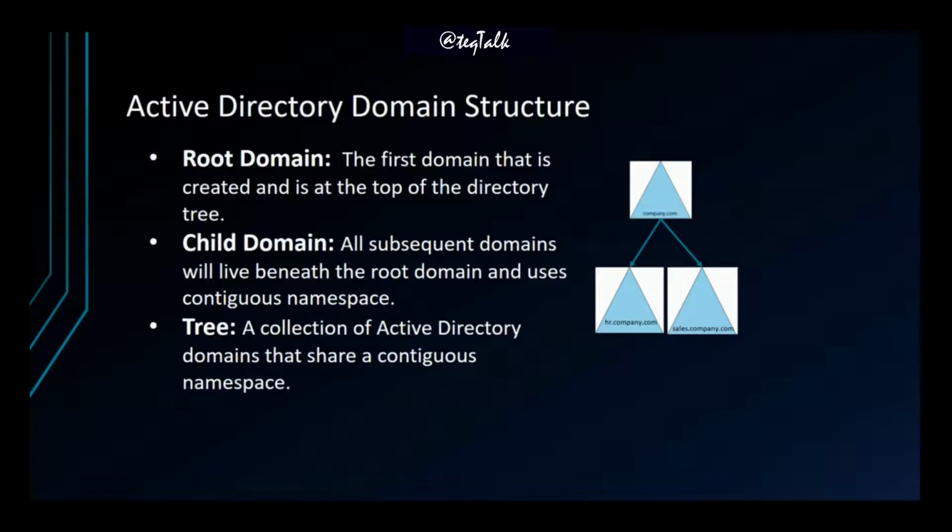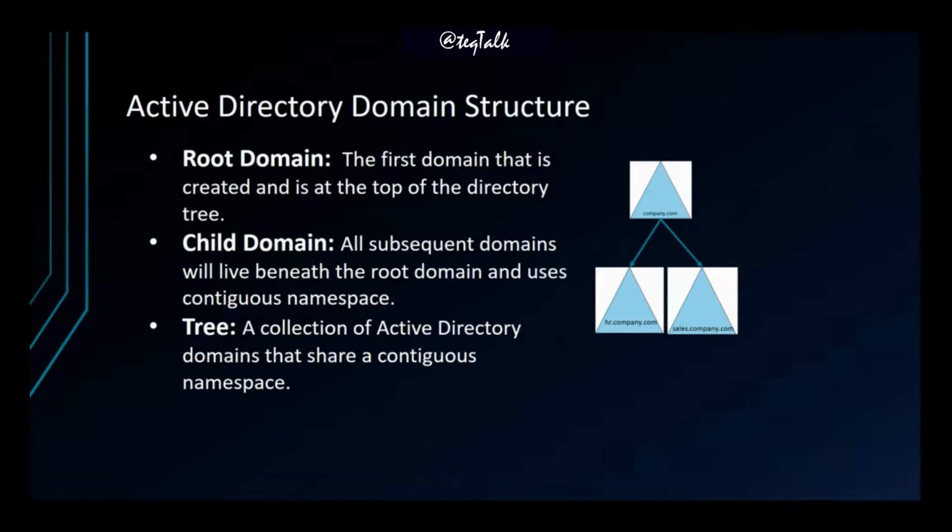The next thing is a tree. A tree is a collection of the root domain and all the subsequent child domains that form the contiguous namespace. Obviously, it must have a contiguous namespace. For example, we can create 2 more child domains under hr.company.com: india.hr.company.com and uk.hr.company.com.